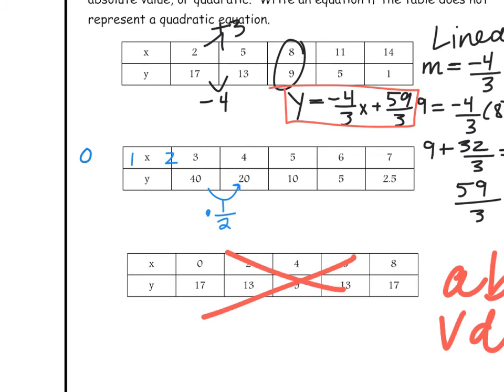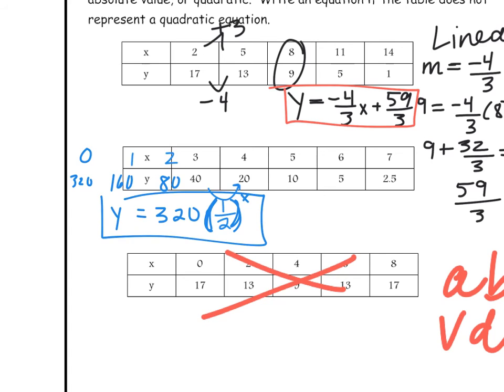Michael, what did you get for the starting point? 320. Right, so 160, 320. So 320 times 1/2 to the x. That's your equation for the exponential.